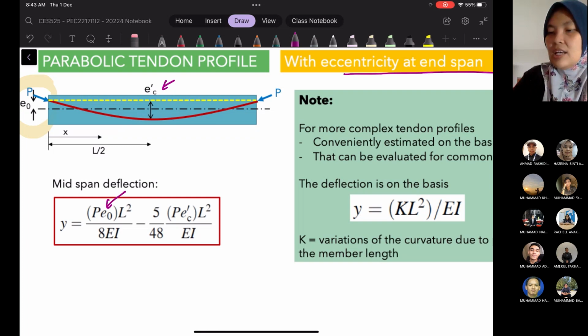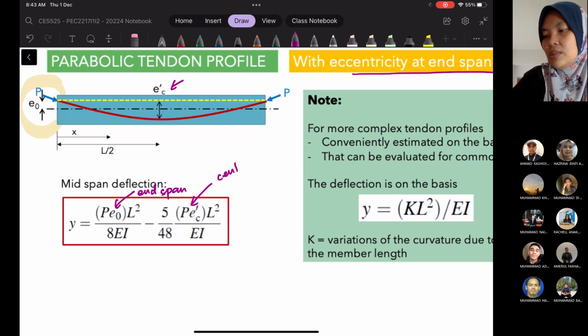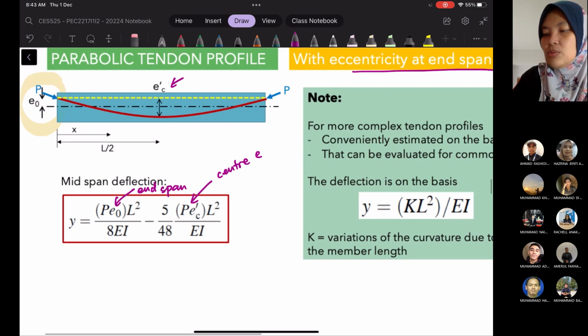E naught is the eccentricity at the end span. Then we have E prime C, which is the center eccentricity, only that this center E is not up to the neutral axis, but up to the E naught value. So we have to calculate this.